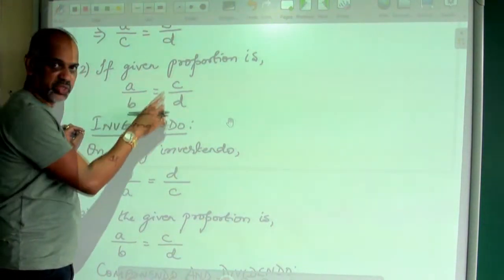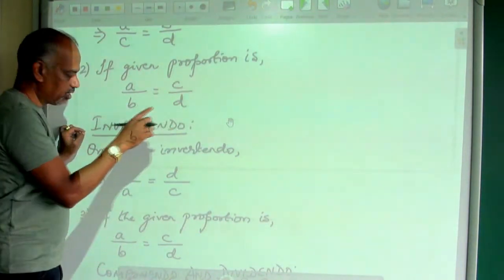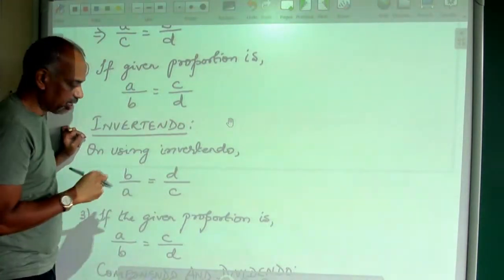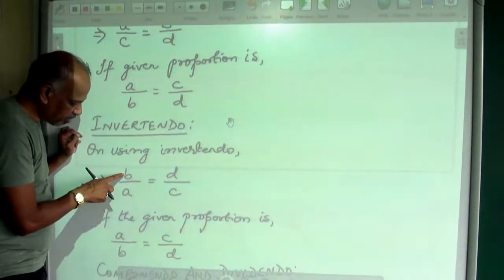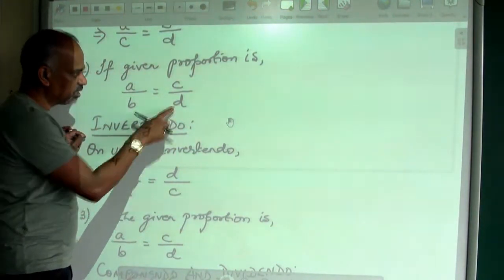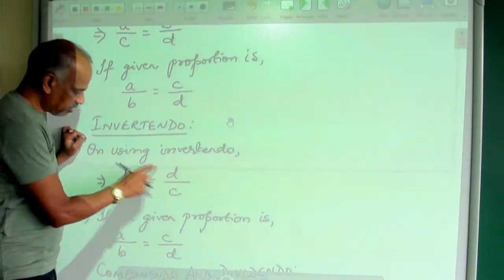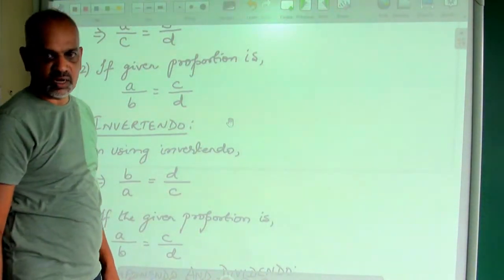This happens in both the ratios. So if you apply invertendo on A by B is equal to C by D, it becomes B by A is equal to D by C. This change is done by using the property called invertendo.